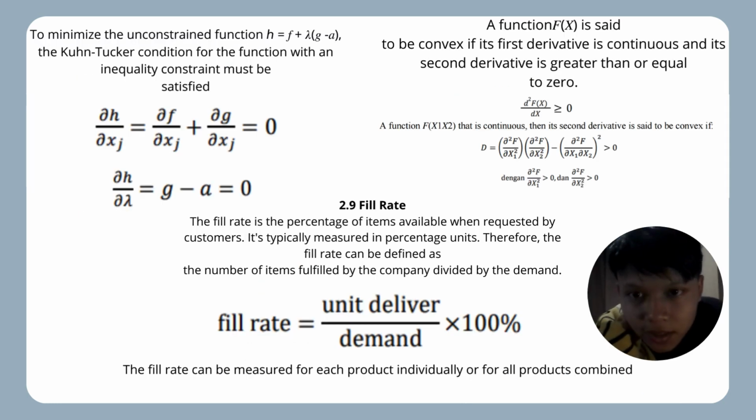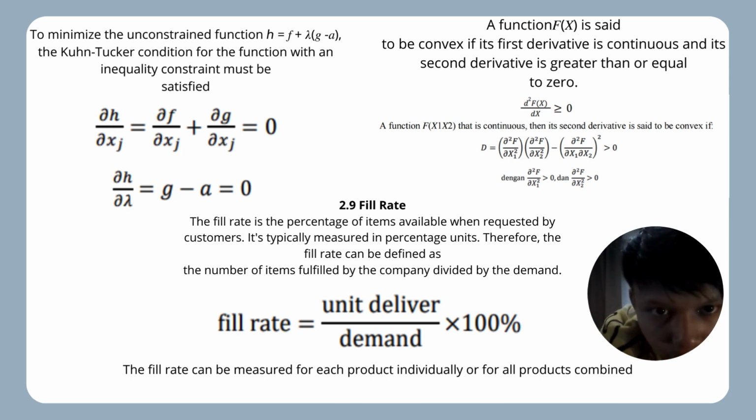To minimize the unconstrained function h equals f plus lambda g equals 0, the Kuhn-Tucker condition for the function with an inequality constraint must be satisfied, and that's the formula.